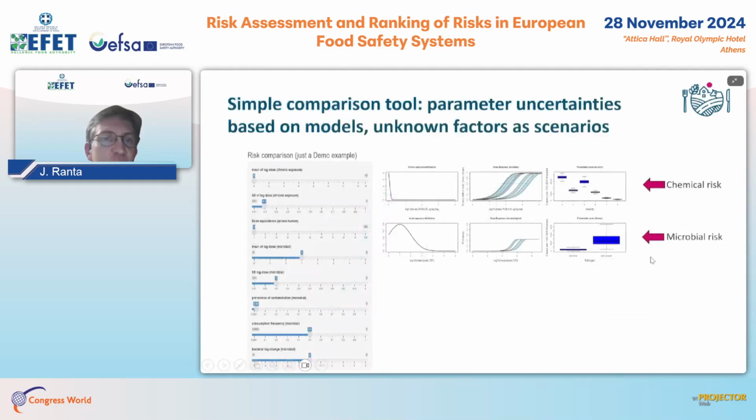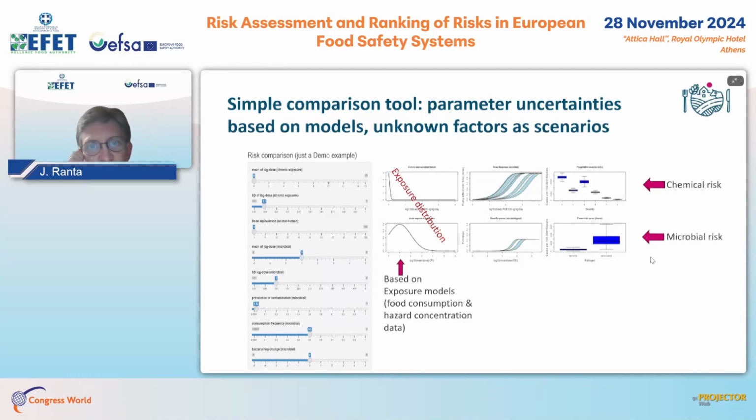Then finally, combining the exposure estimation with the dose response functions, this might be combined into this kind of comparison tool that allows you to control some of those difficult parameters by using some expert opinions or assumptions about them, or scenarios. These exposure distributions could come from existing models, because we have quite many exposure models that can be used, and we have also been developing one that can be used for deriving exposure distributions for microbiological and chemical hazards.